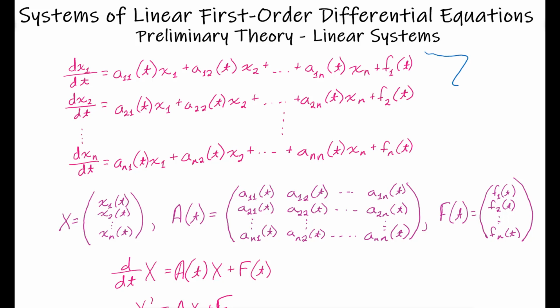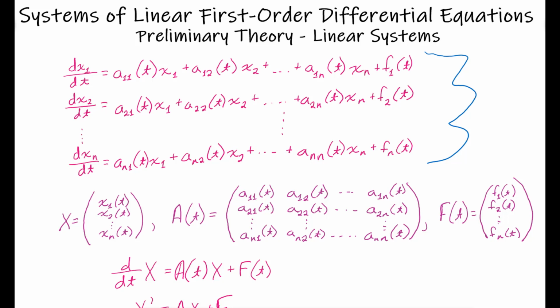So what I have here is a system of n equations where I have dependent variables x1, x2, all the way up to xn playing a role with an independent variable of t. Now you'll notice there's a differential equation for each of my dependent variables, where I have the derivative of x1, the derivative of x2, all the way up to the derivative of xn, described as a function of t times x1 plus a function of t times x2, all the way up to a function of t times xn.